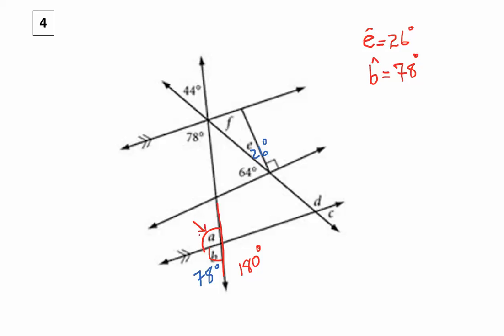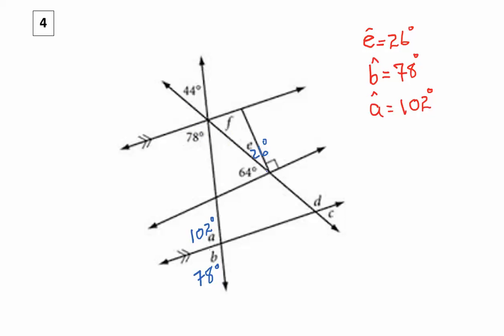So angle A is going to be 180 minus the 78 for angle B, and that should give me an angle size, sorry, it's not angle C, that would be angle A is therefore equal to 102 degrees. So we are finding the angles one by one that will lead us to finding the other angles.